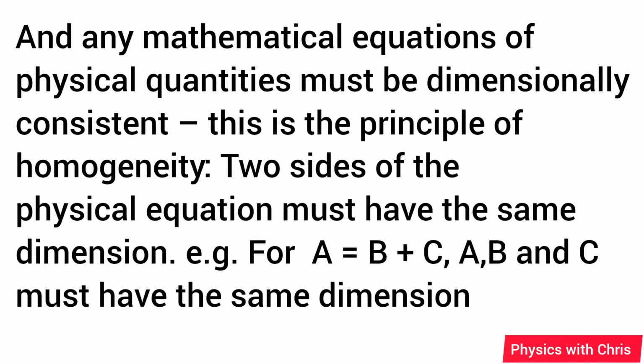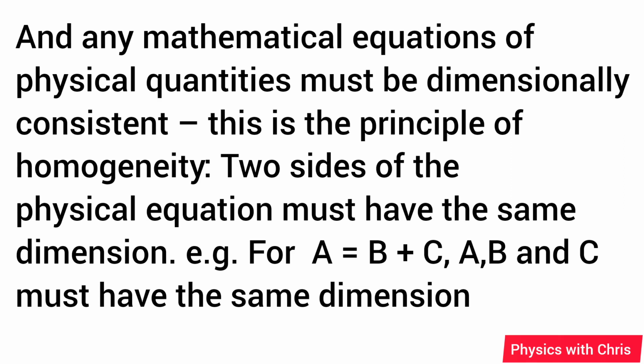You can't add speed to distance because speed and distance are of different dimensions. Likewise, you can't add mass to force. The mass of a body is quite different, it's a different dimension than the force acting on the body. So any mathematical equation, any physical equation must be dimensionally consistent, that is, must be dimensionally correct.